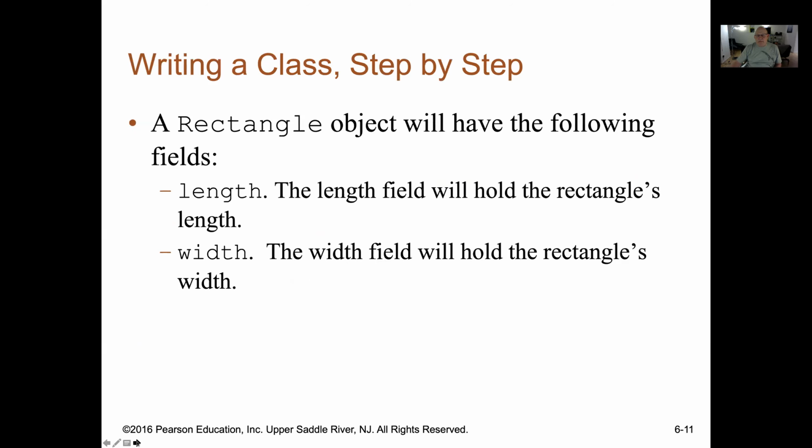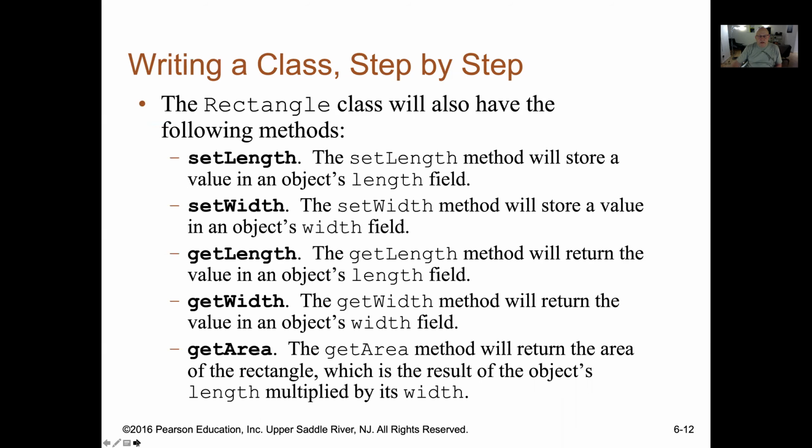So, writing a class step by step. A Rectangle object will have the following fields: length and width. The Rectangle class will also have the following methods: setLength, setWidth, getLength, getWidth, and getArea.